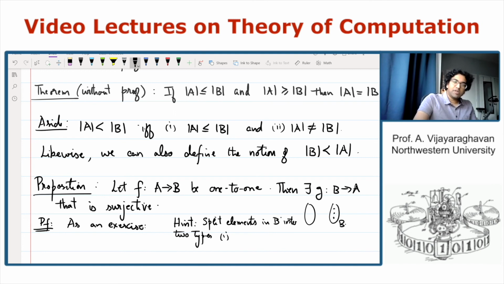Okay, those elements in B that have no element in A that is mapped to it.